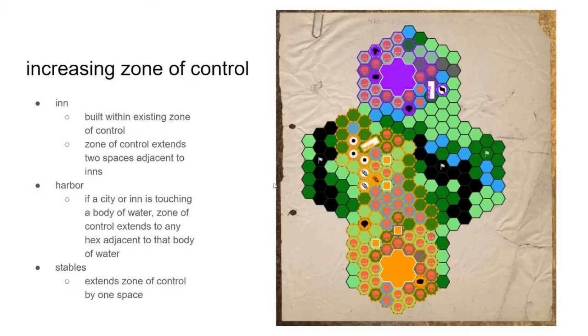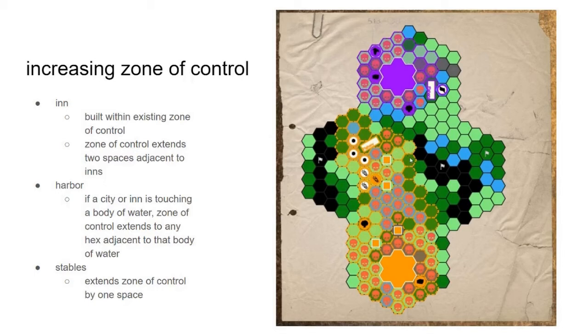The first way is by building an inn. So inns are these squares, player color squares. They are built within an existing zone of control, and they extend the zone of control 2 spaces out. So, for example, this inn, the zone of control goes out to here, because this space is within 2 spaces of this inn, right?